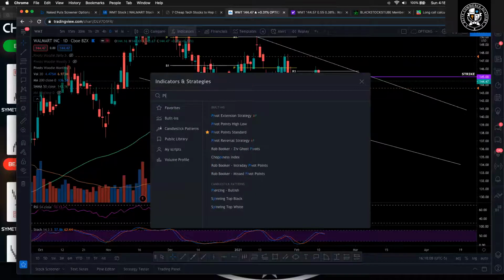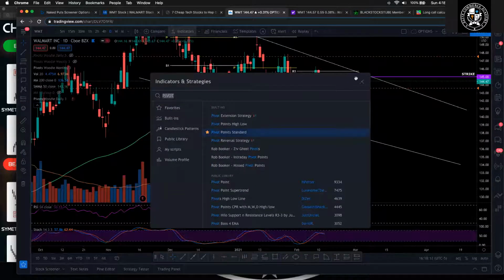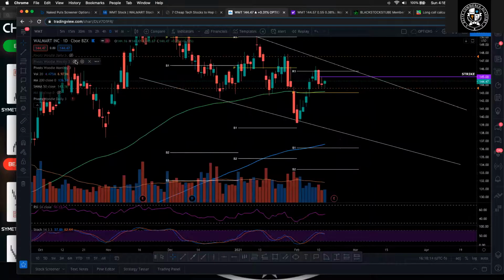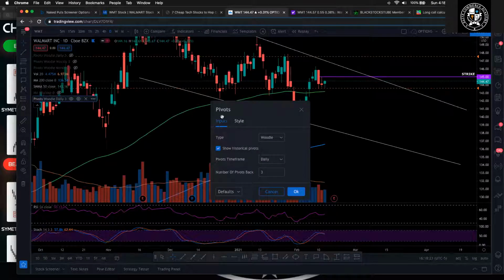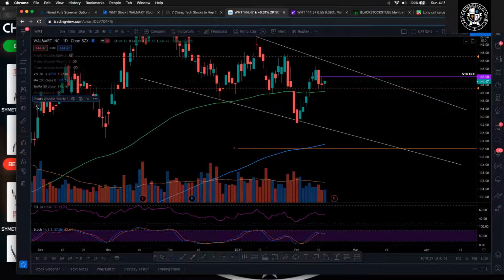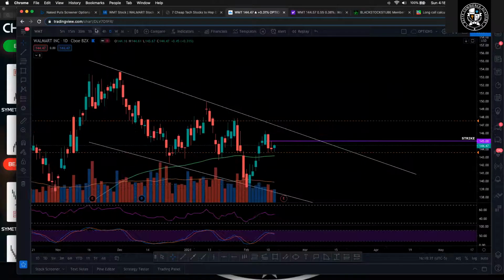So you pull up your indicators and you just type in pivot. Okay. And I'm about to break down what that is right now. If I wanted to look at the yearly, all I gotta do is adjust the time frame, yearly. Boom. All right. Now you see the resistance on this one.